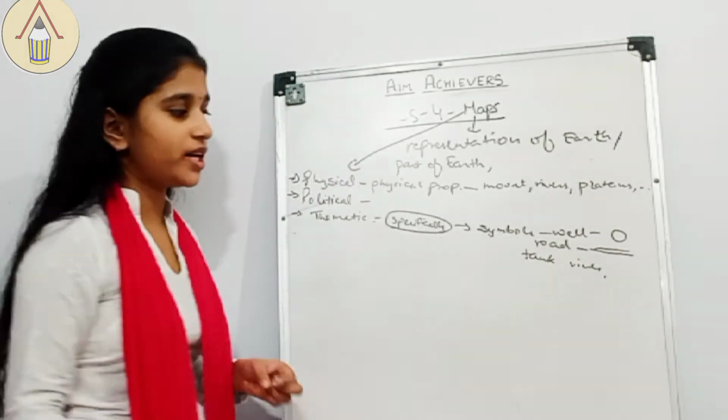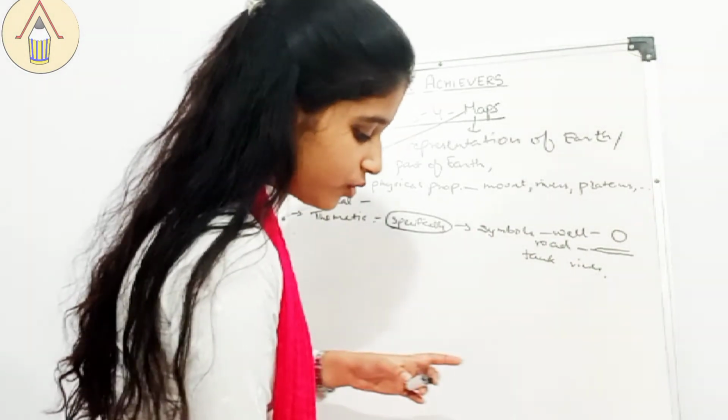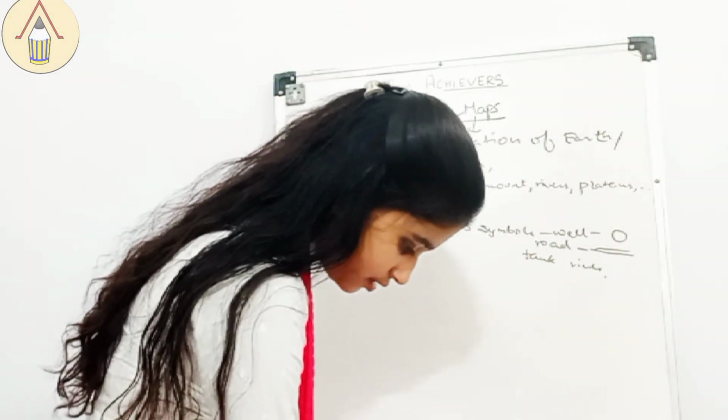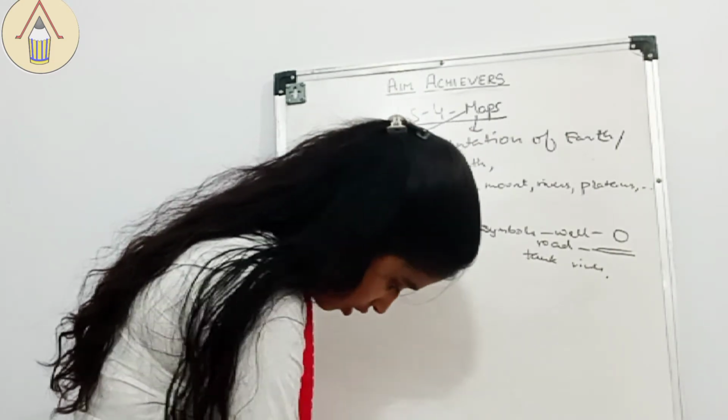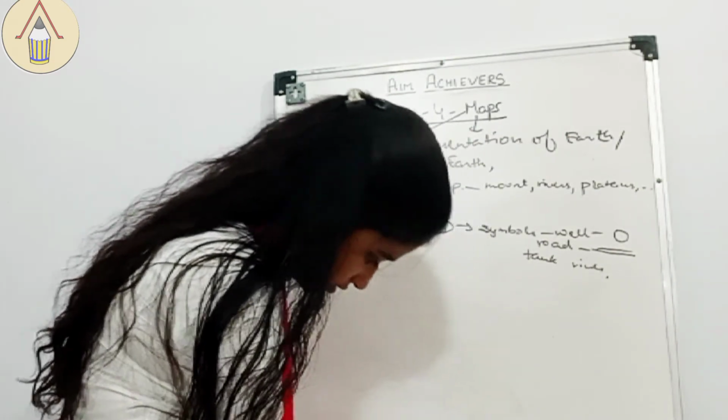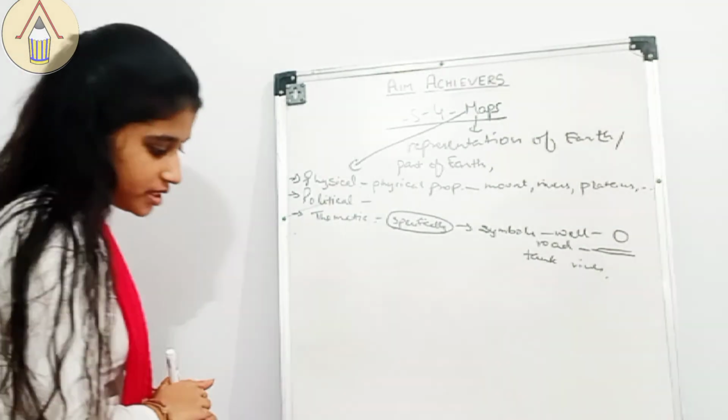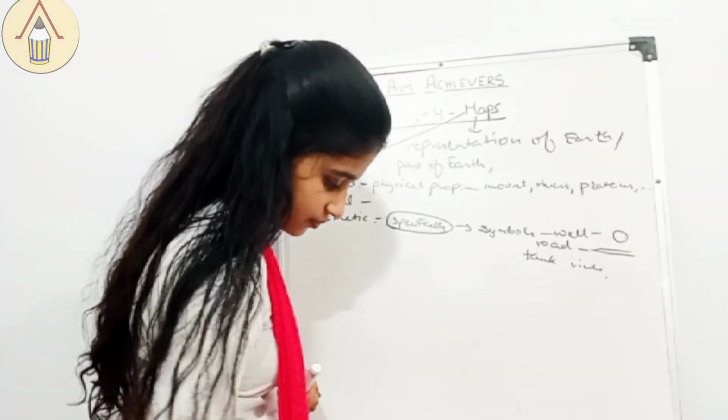Okay, all these by certain types of symbols. Like you can see in your book on page number 26, the various symbols are given there.